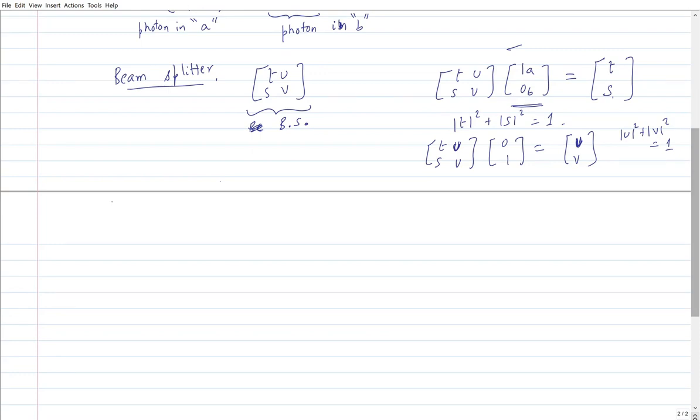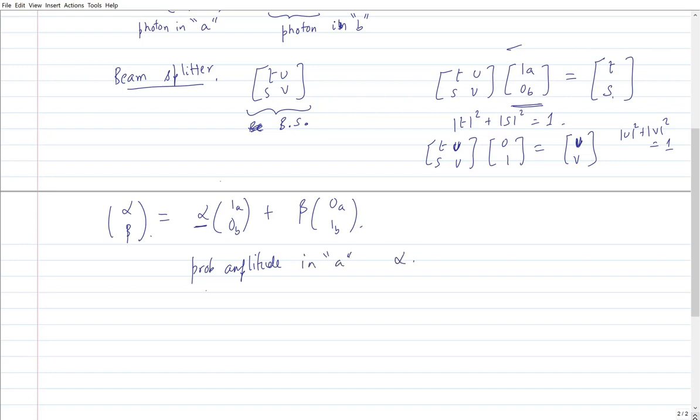Any particular state of the photon, alpha, beta, essentially means, I'm just removing the subscripts A and B. I won't be using it many times, but that essentially means that the probability amplitude, which is a complex number, of finding the photon in the A port or the A path is alpha, and probability amplitude in B is beta.